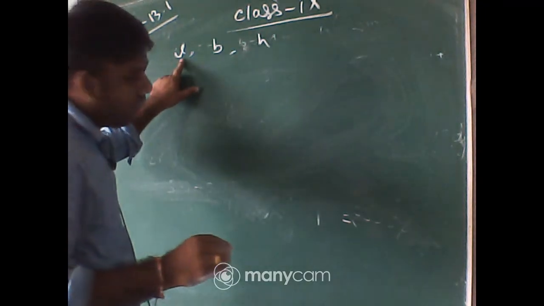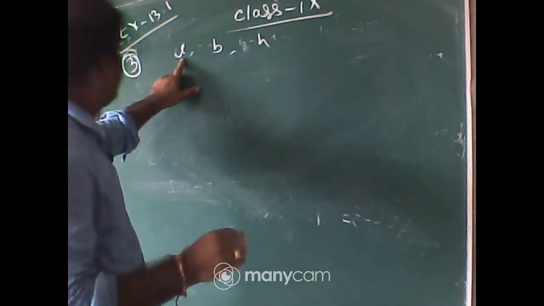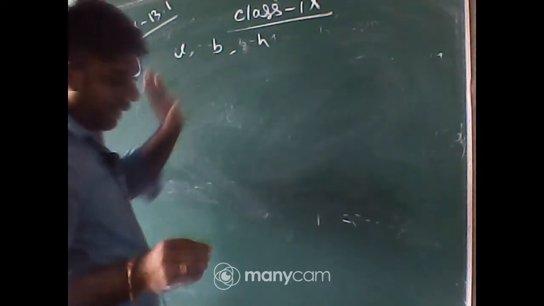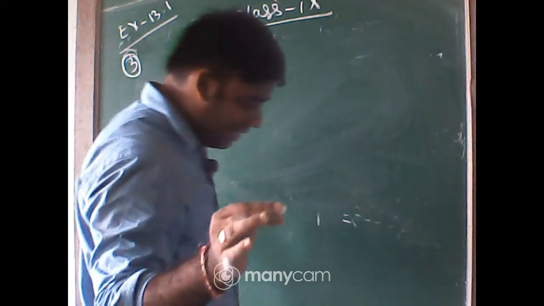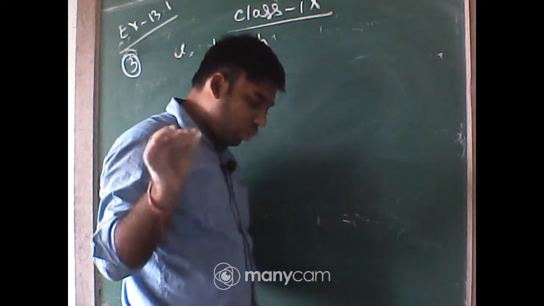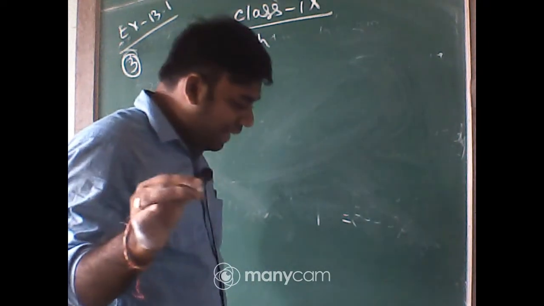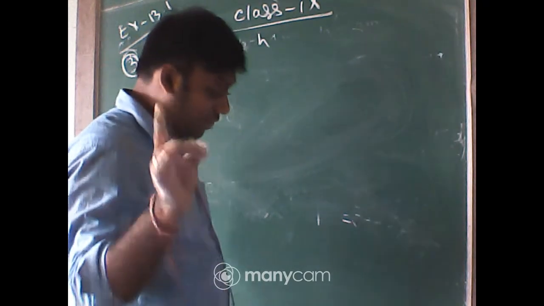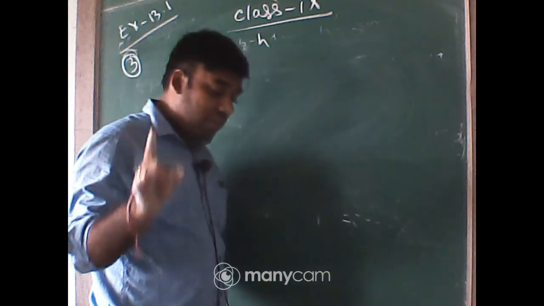Since it is a room, it must be cuboidal in shape. The first line gives the perimeter of the floor.